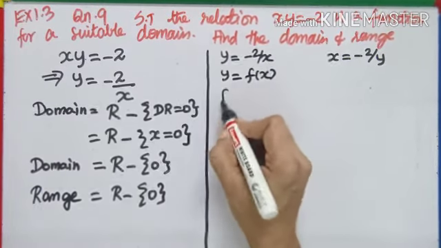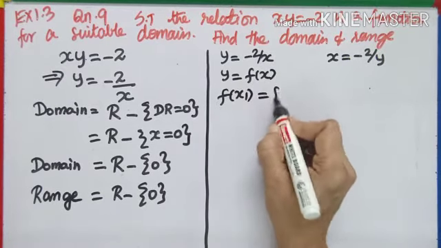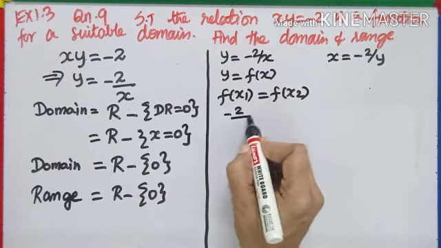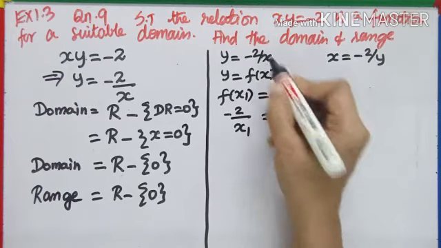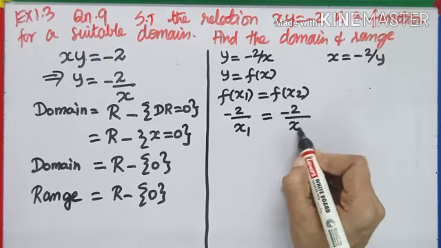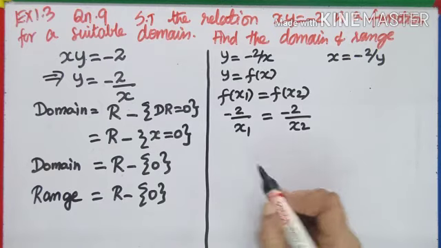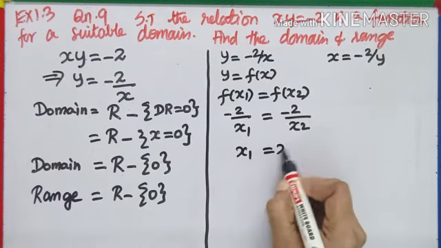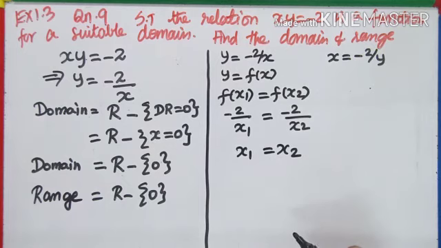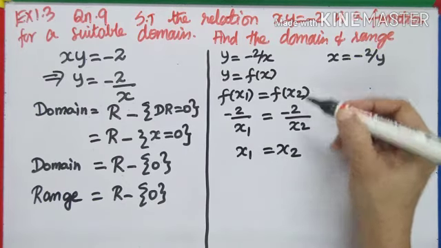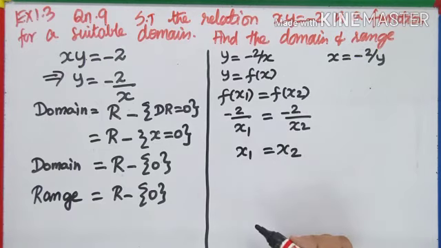Let me take f of x1 equals f of x2. What is f of x1? Minus 2 by x1. What is f of x2? Minus 2 by x2. If I cancel minus 2 and minus 2, x1 is equal to x2. So I am able to prove when the images are equal, the elements are also equal.